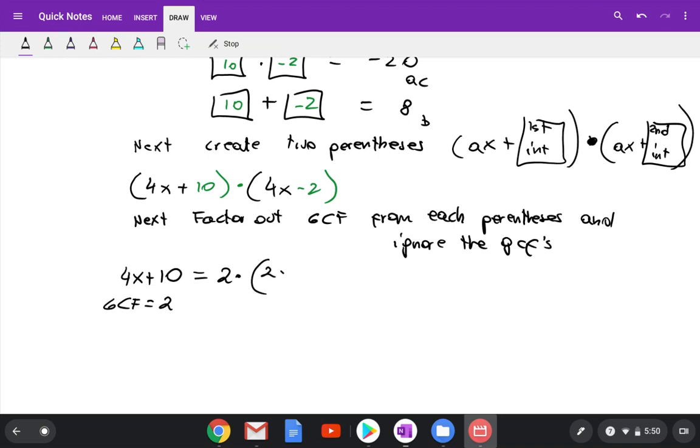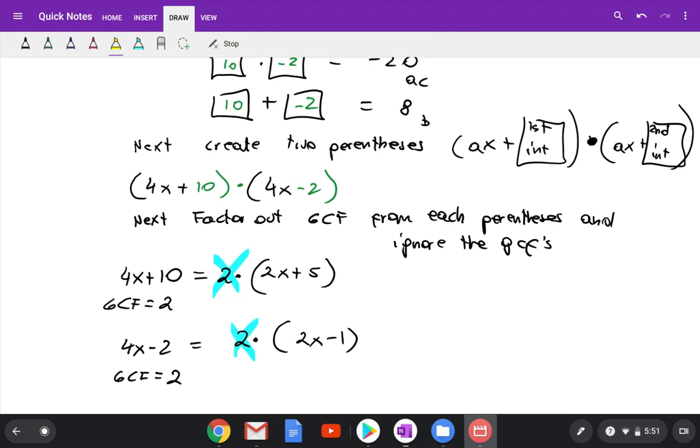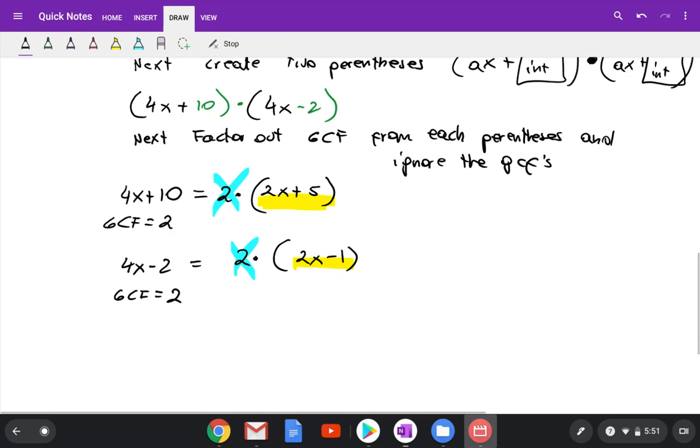That will give us 2x plus 5. And from the second parenthesis, of course, we're ignoring that GCF. That's the AC algorithm. The second parenthesis is 4x minus 2. The GCF here will be 2, so we're going to factor out 2. That will give us 2x minus 1, and we're going to ignore that GCF. So the only thing we're going to keep is 2x plus 5 and 2x minus 1.